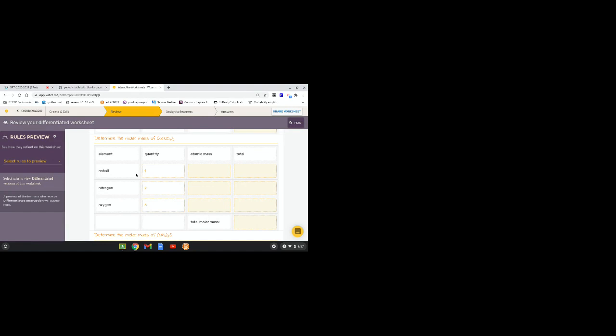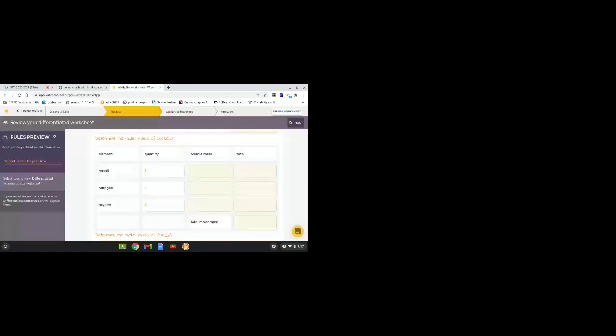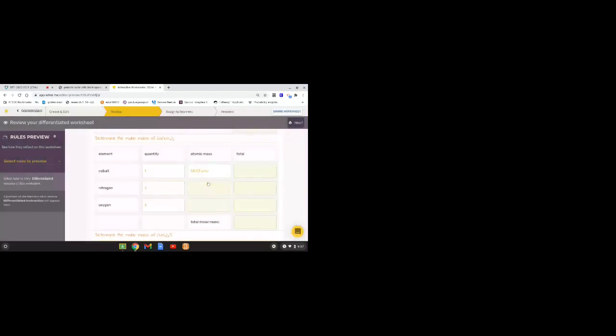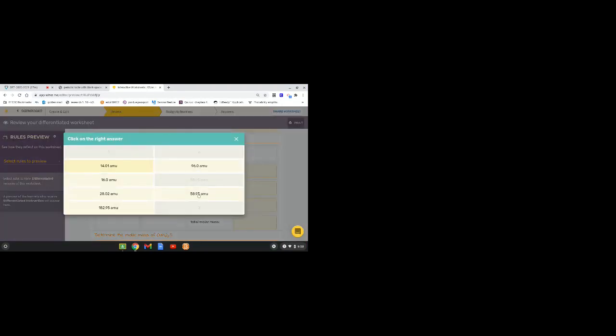Once I get those numbers in, it's time to look at the periodic table for the masses. So we have to look for cobalt on the periodic table. Cobalt is right here, 58.93. So let's take a look at my boxes. 58.93 is right here. 1 times 58.93, because we're going to multiply these two together, is again 58.93.